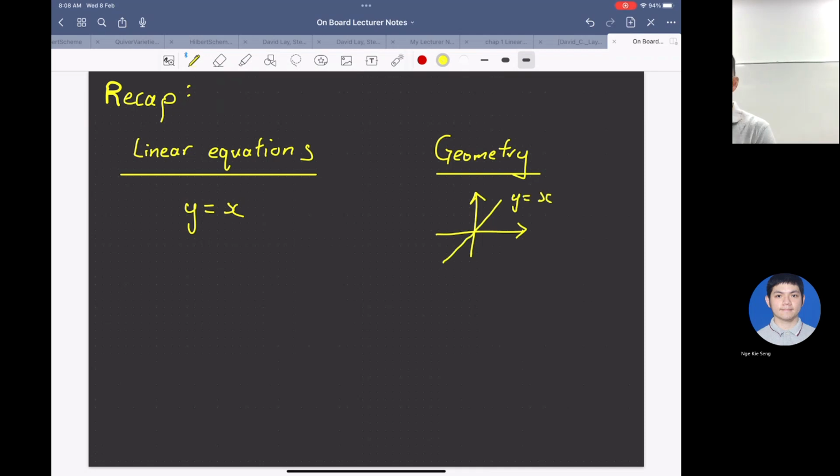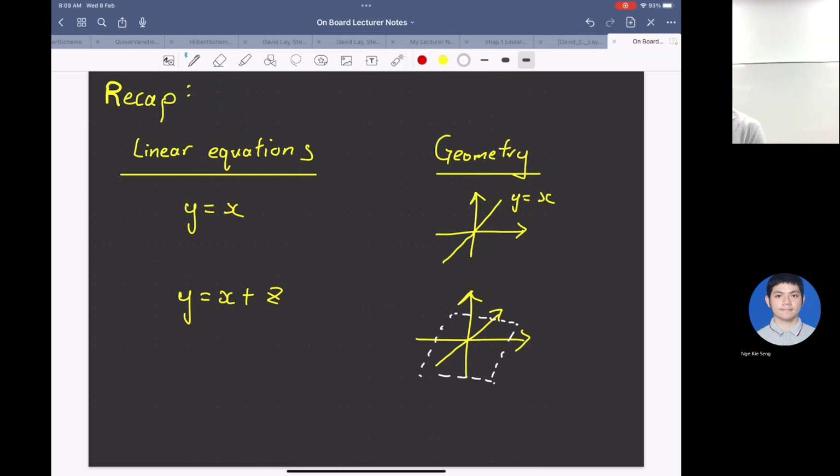If you have three variables in your equation, it will trace out a plane in three dimensions. So how should I draw the plane? Maybe I draw something like this.